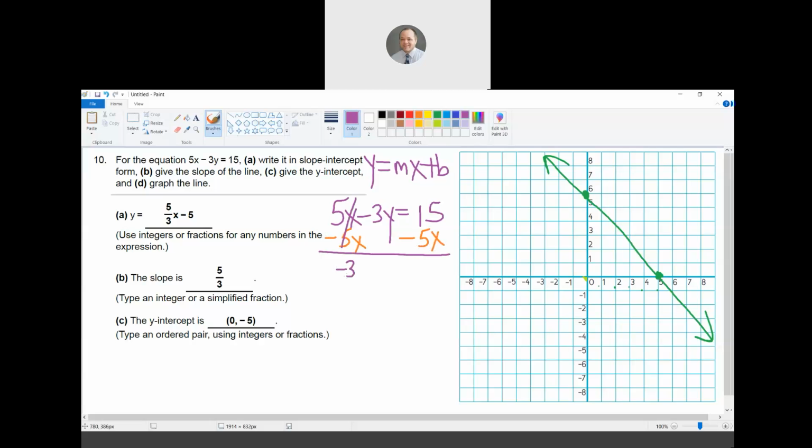That leaves us with negative 3y equal to negative 5x plus 15. We almost got y by itself. The last step to get y by itself is divide each part of our equation by negative 3.